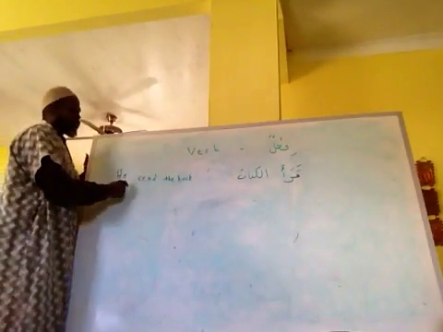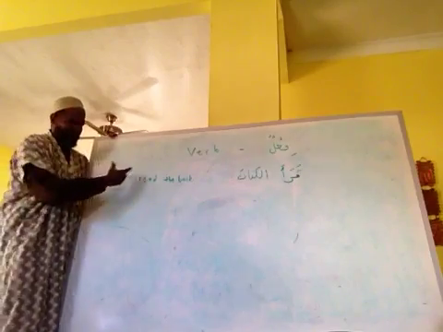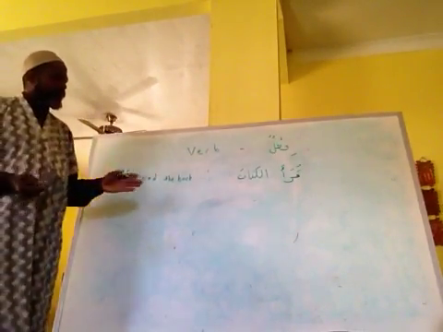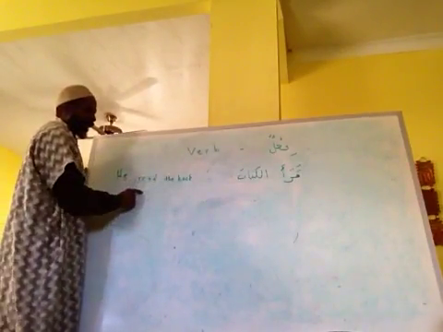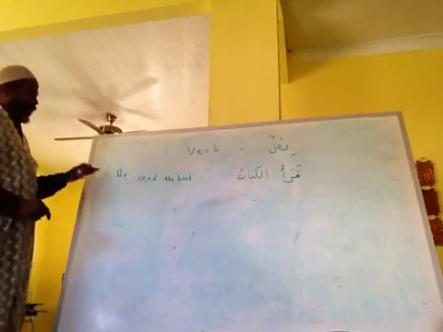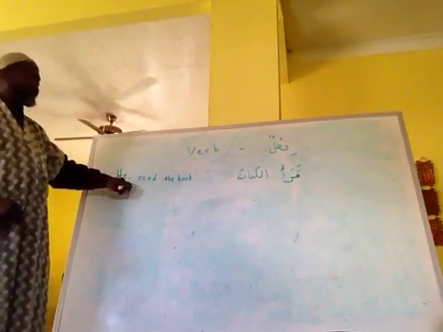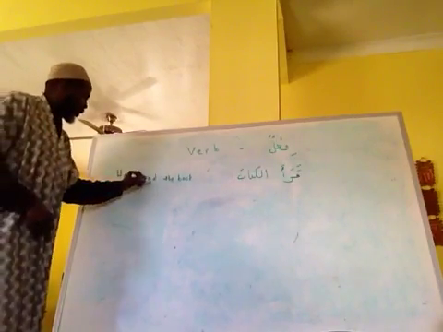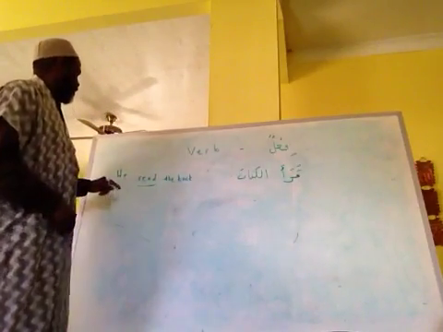In English, we don't have what we call verbal sentences, but it's okay. For this, it doesn't really make a difference. So if we analyze now, our verb is where in the sentence?